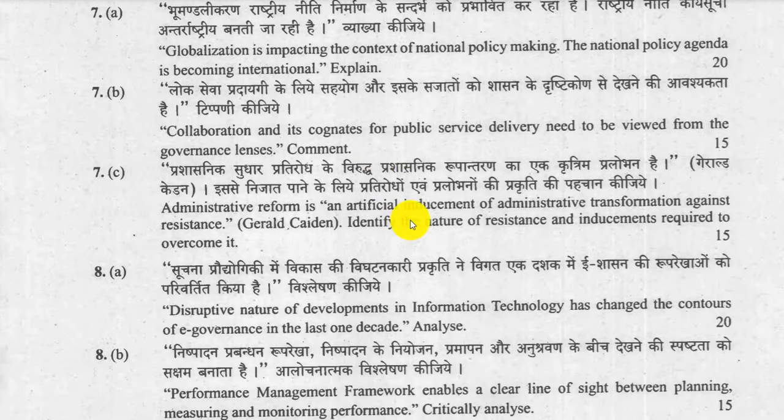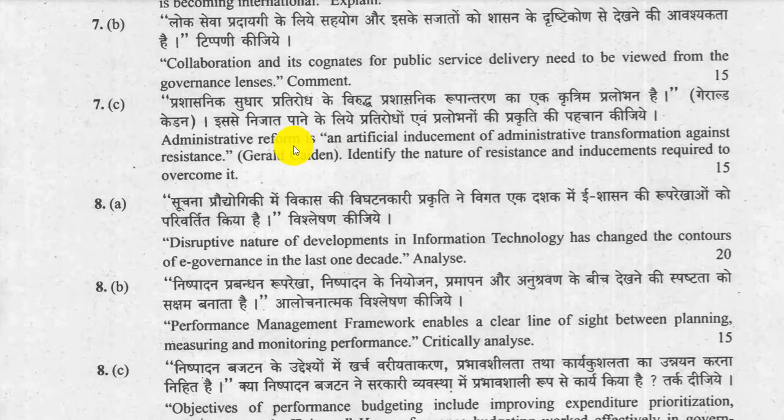Explain. Collaboration and data cognizance for public services delivery need to be viewed through governance lenses. Comment. Administrative reform is an artificial inducement of administrative transformation against resistance. Gerald Caiden identifies the nature of resistance and endorses requirements to overcome it. Disruptive developments in information technology have changed the contours of e-governance in the last decade.